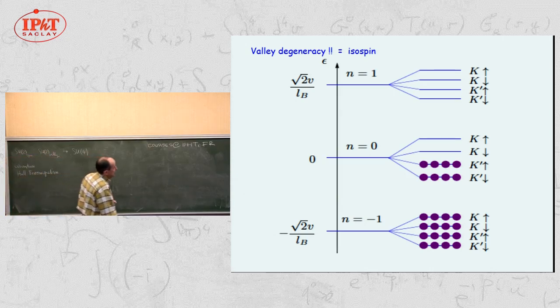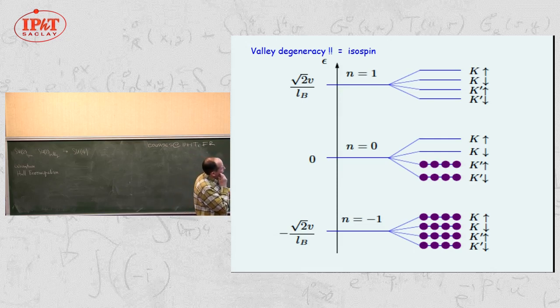And this will happen, you see, when you are right in the middle of n equals 0. So you have two exactly filled Landau levels. Or it will happen also when you have just this one which is filled, and also the case of completely filled fourfold degenerate states.